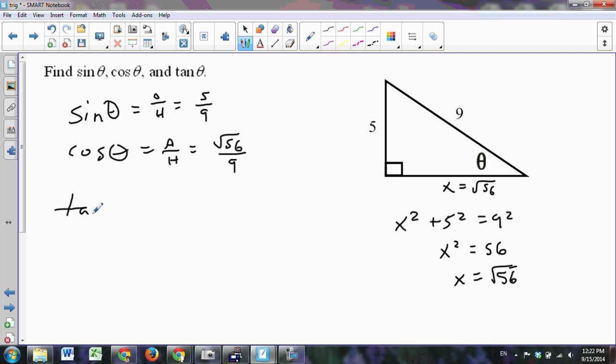And the tangent of theta, that's the opposite over the adjacent, that's going to be 5 over the square root of 56. And I'm going quickly because if you need to pause and digest this video, you can obviously just pause it anytime and digest what I'm saying.